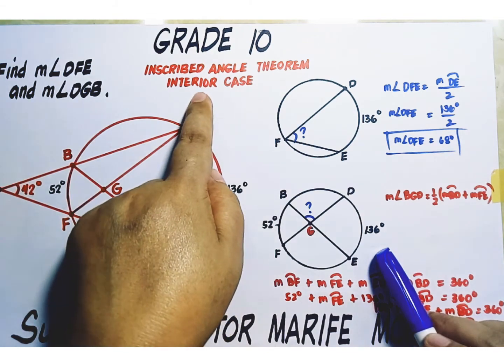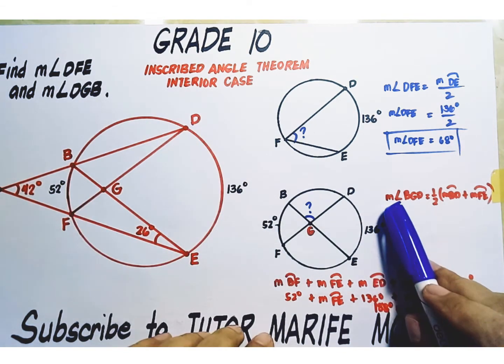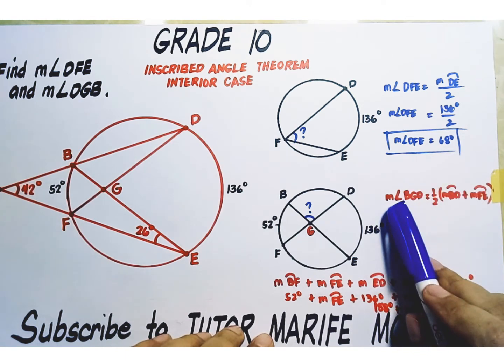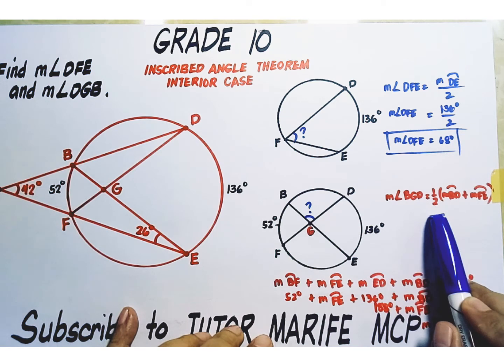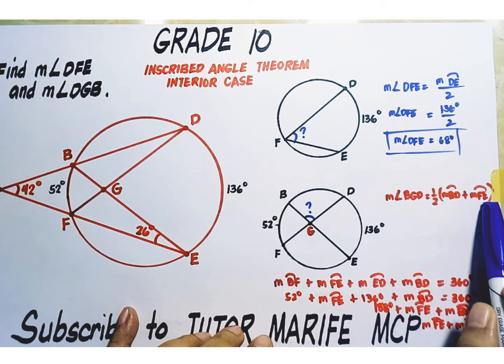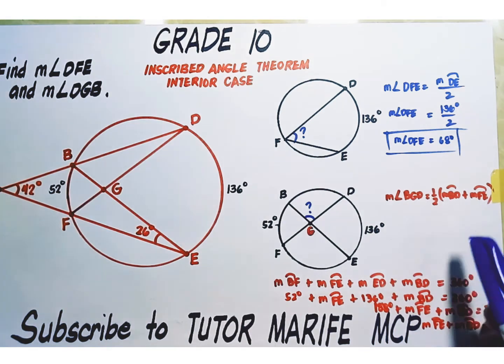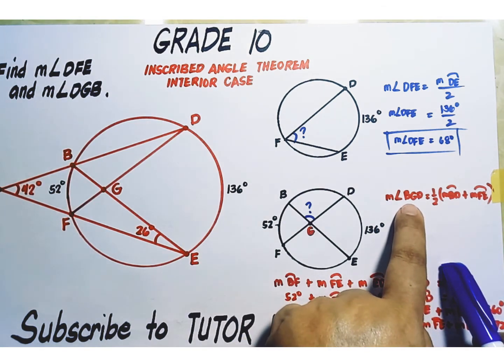By application of the interior case of inscribed angle theorem, this is our equation. Measure of angle BGD equals 1/2 times the sum of the measures of arc BD and arc FE. This is the inscribed angle whose vertex is inside the circle.